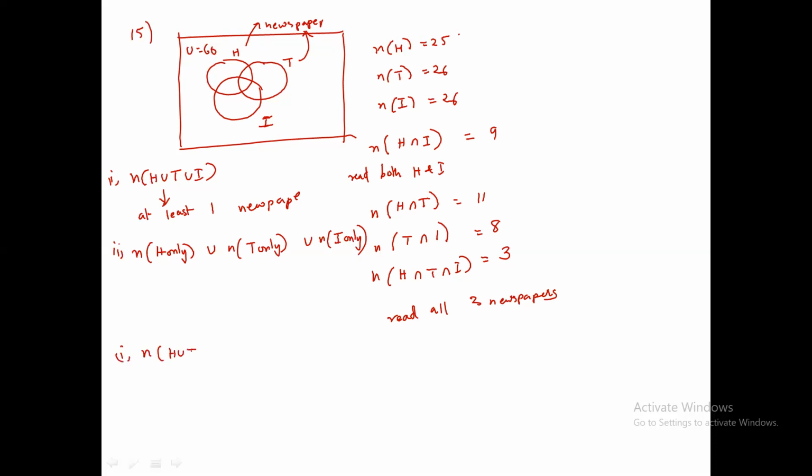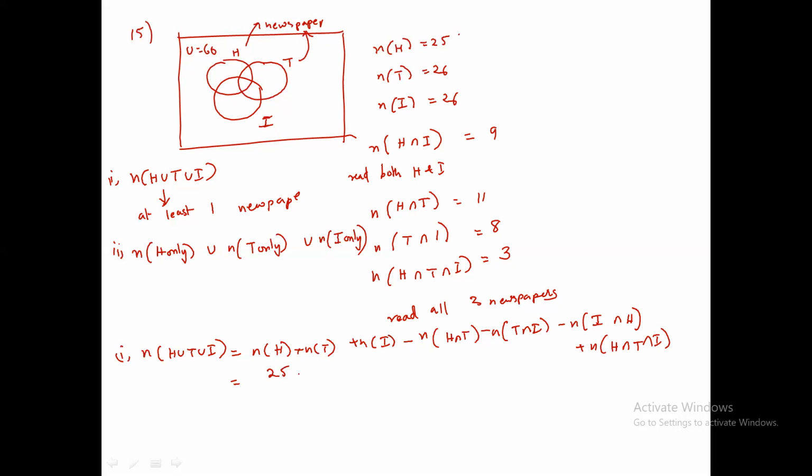So first, N of H union T union I is N of H plus N of T plus N of I minus N of H intersection T minus N of T intersection I minus N of I intersection H, plus N of H intersection T intersection I. So N of H is 25, N of T is 26, N of I is 26, minus N of H intersection T is 11, minus N of T intersection I is 8, minus N of I intersection H is 9, plus N of H intersection T intersection I is 3.